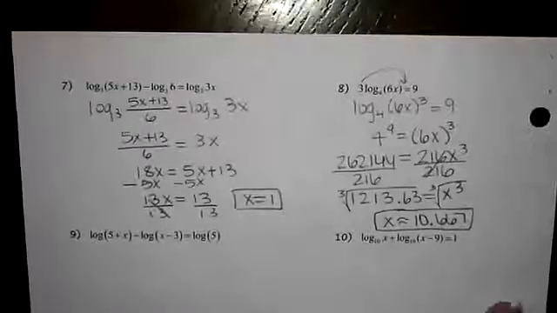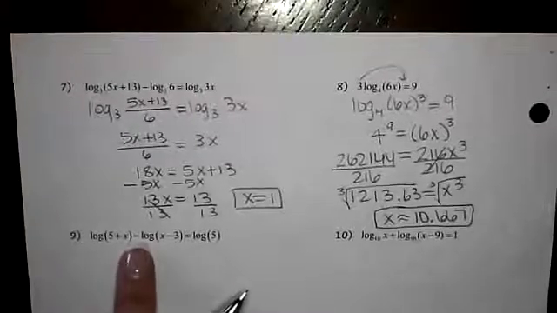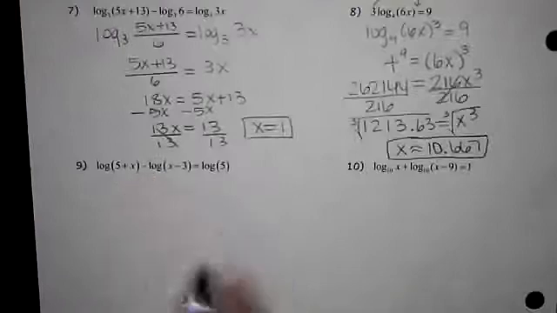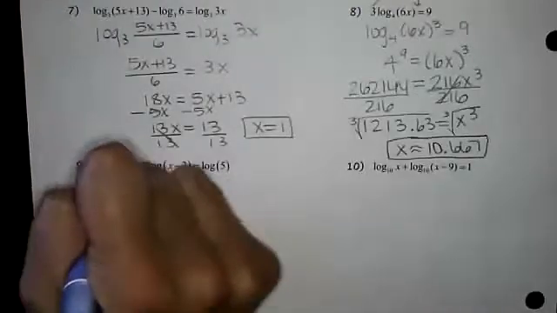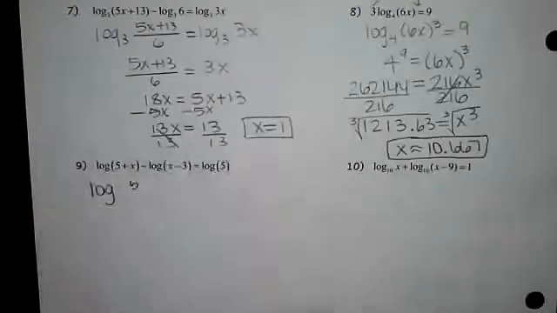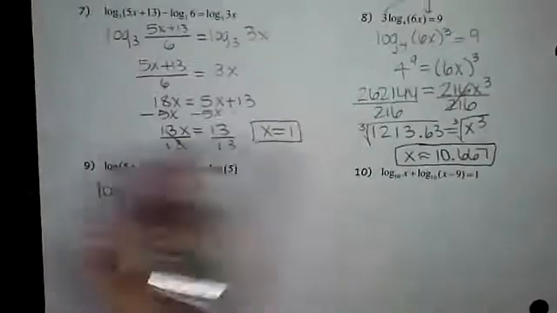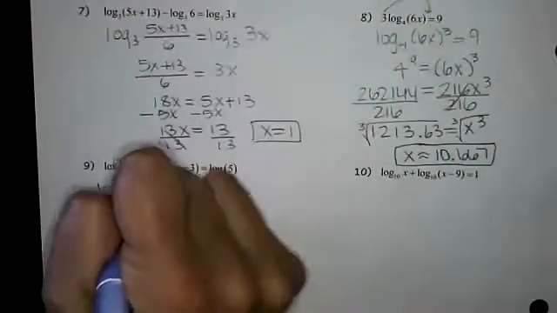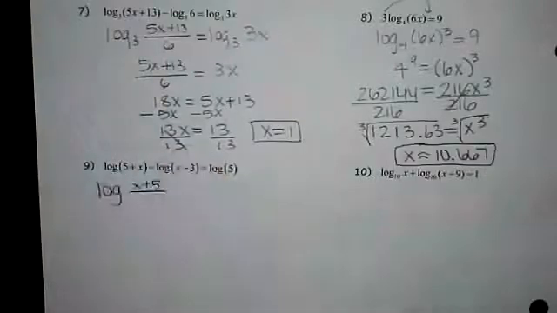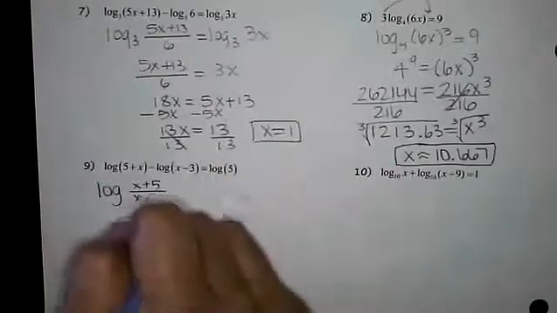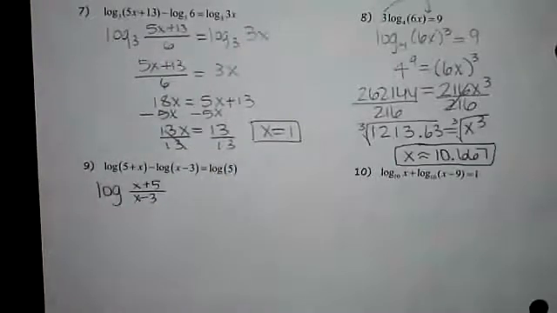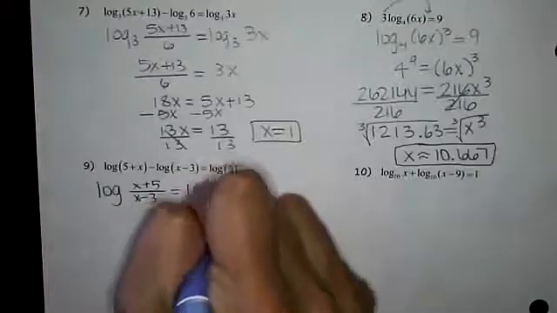All right, so we've got another one here that's separated by minus again. So we're going to do division in the arguments. And so we get log of 5 plus x. And I'm going to go ahead and write that with the x first because I don't really like having the x second. So that's x plus 5 over x minus 3, because that's the other argument, is equal to log of 5.